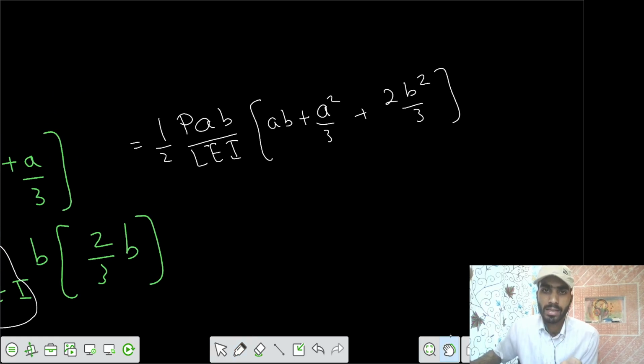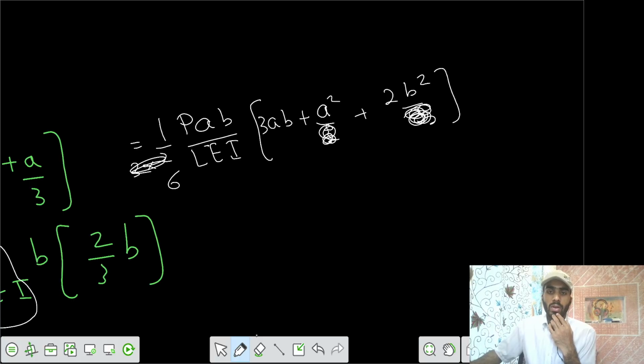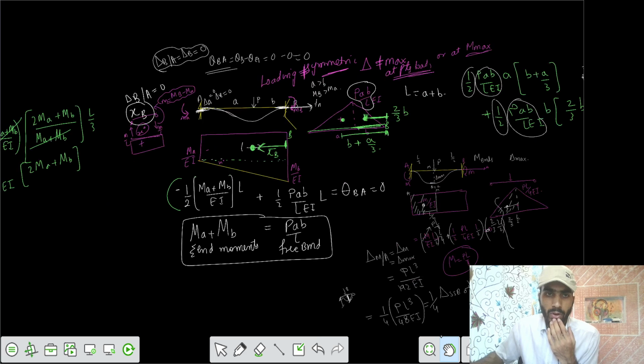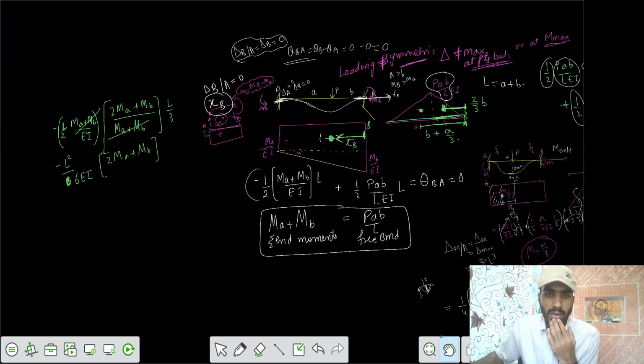Let's keep that 3 also common, so we can write 3 into 2, that's equal to 6. Finally we have this equation, PAB by 6 LEI, this one, and we have one more equation, this one. So we can copy it.